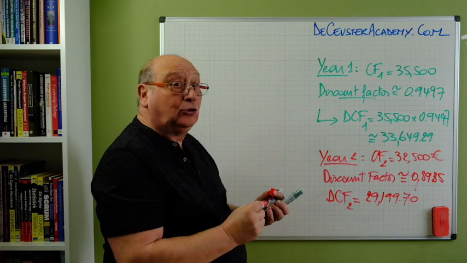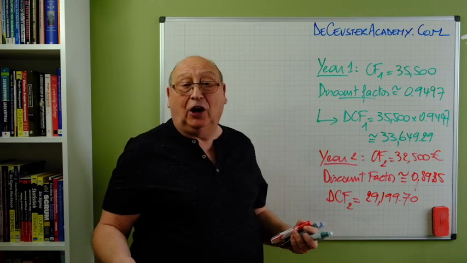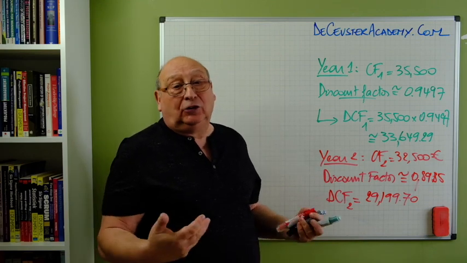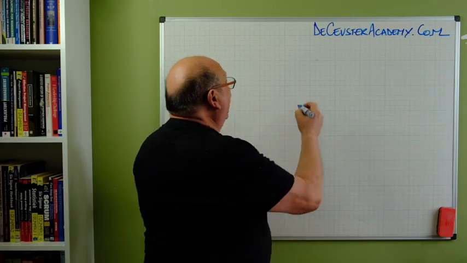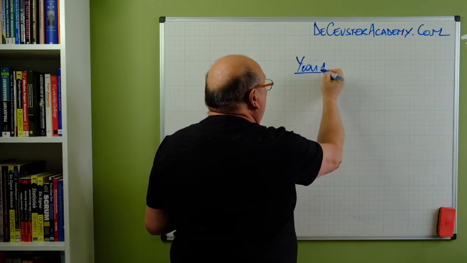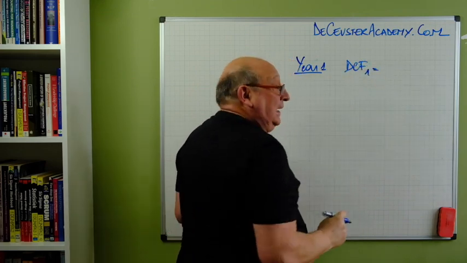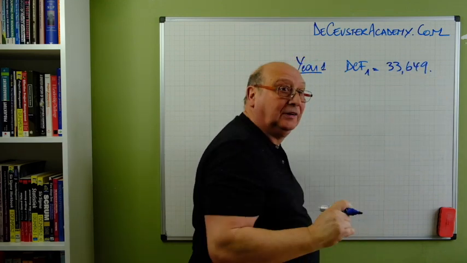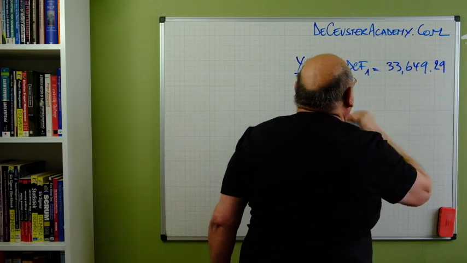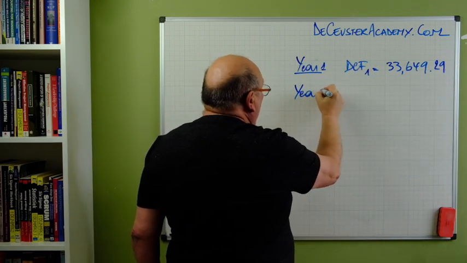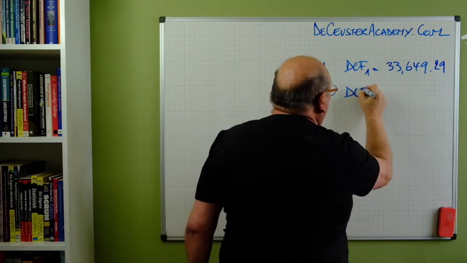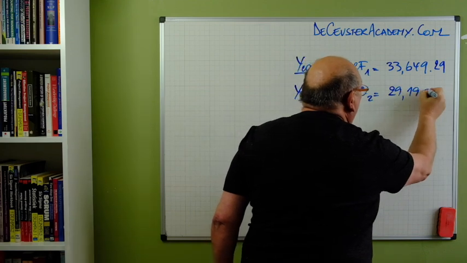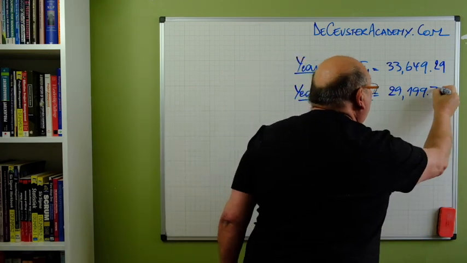What we now have to do is to calculate the total of the discounted cash flows and subtract the initial investment to find the final result. So for year 1, discounted cash flow 1 is equal to 33,649.29. For year 2, the discounted cash flow 2 is 29,199.70.